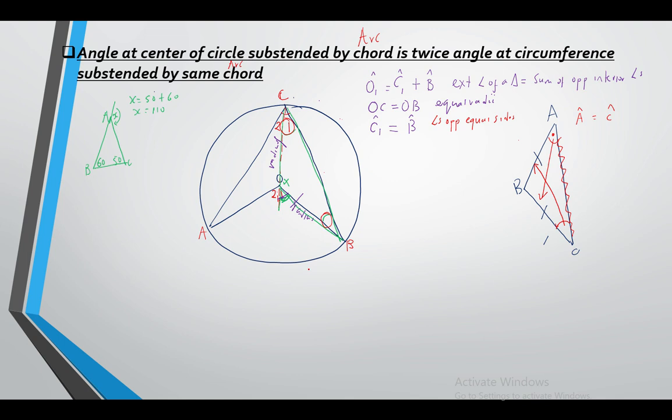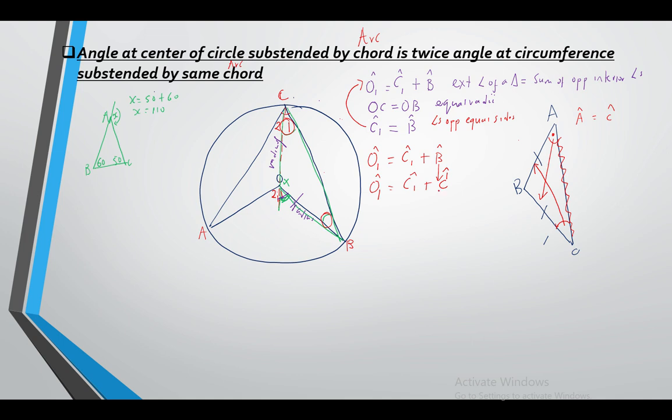Now what you do, guys, I want you to go back to your first equation. Remember, in your first equation, you said O1 is equal to C1 plus B. So I want you to replace the angle B with C1.